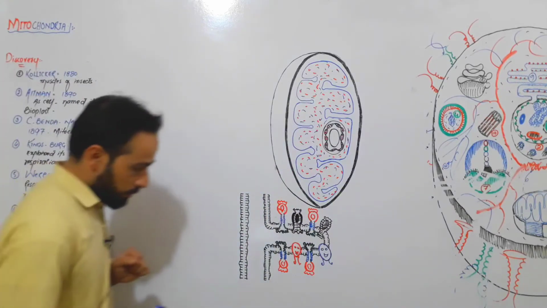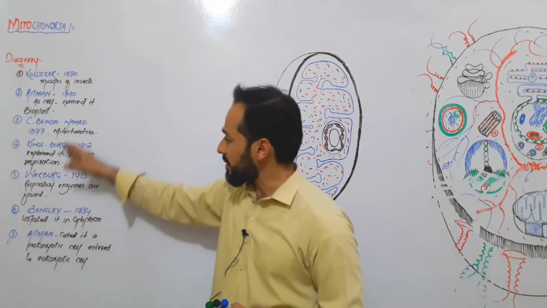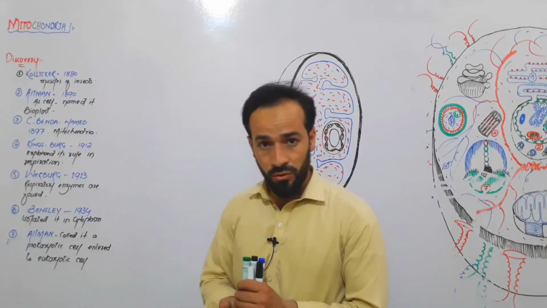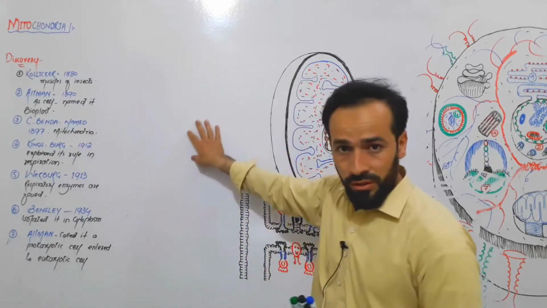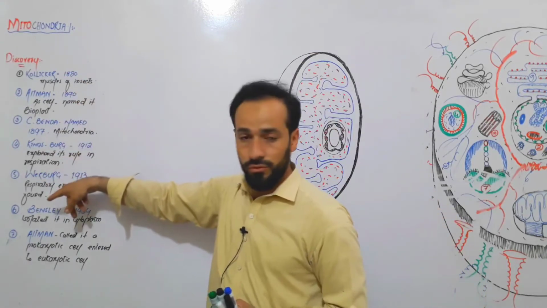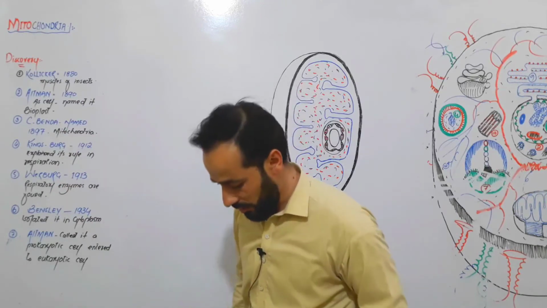So let us focus here. In the history of mitochondria, there are some scientists who have played their role in explaining its structure and everything. We will see the structure and other important points later, but let's first know a little bit about the discovery and history of mitochondria, right?